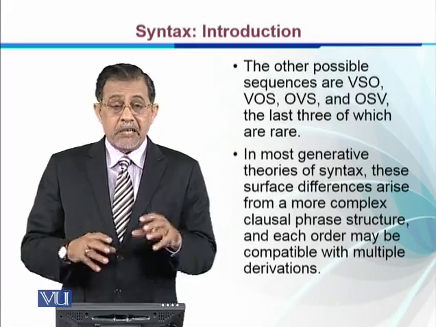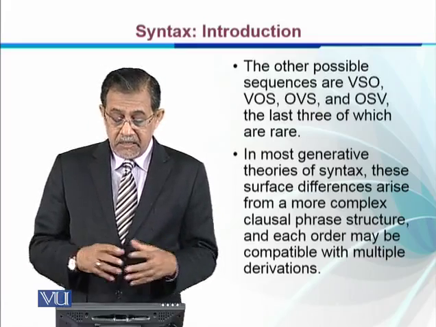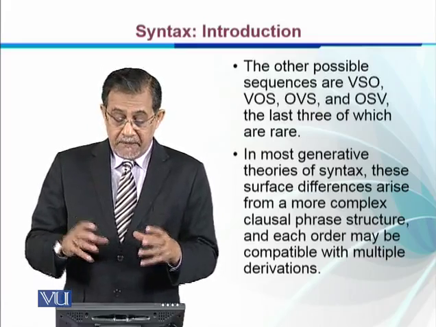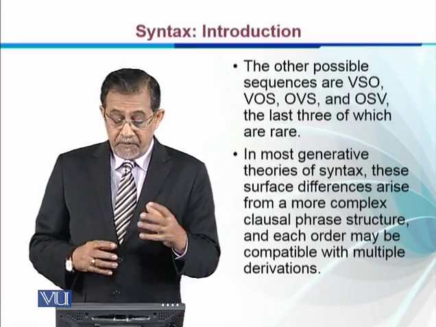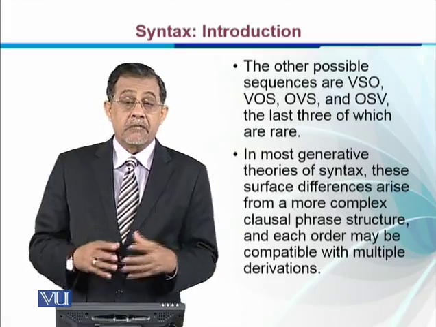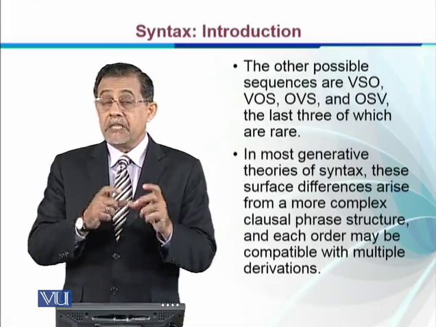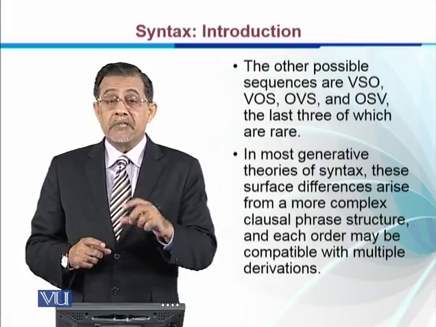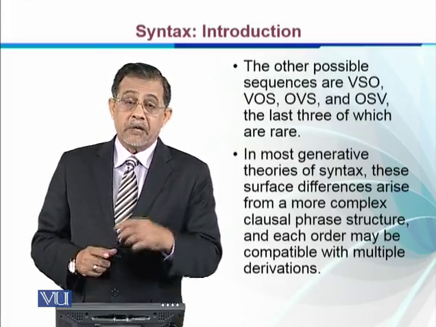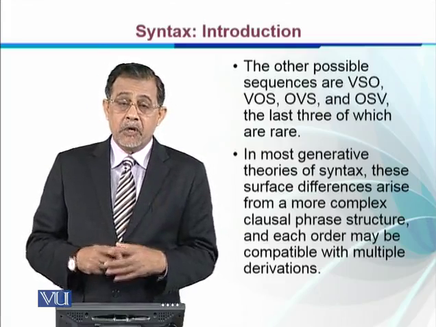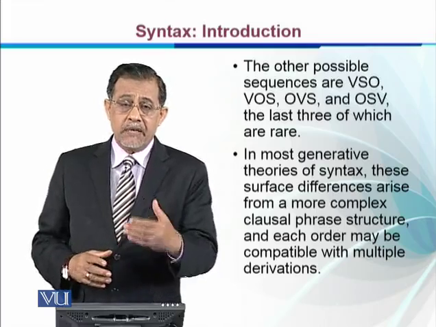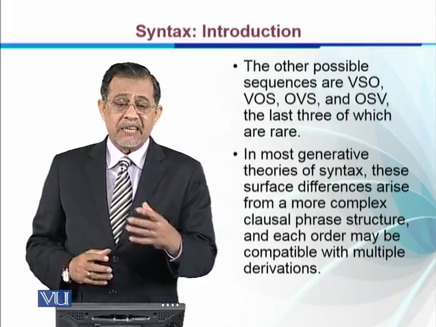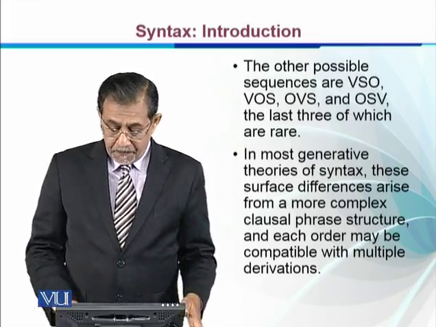So, in generative theories of syntax, these differences are due to the structure of the phrases, how phrases are made. We look at these structures when we study sentence structures in detail.